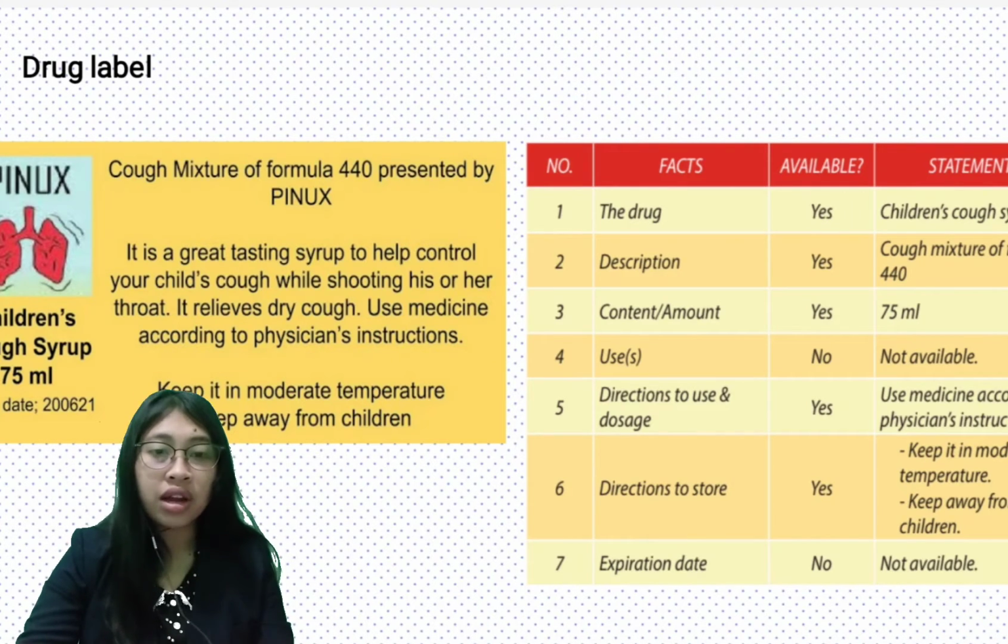Is the drug name available? Yes, there is. The name of the product is children's cough syrup. Is there a description of the product? Yes, it is called mixture formula 44.